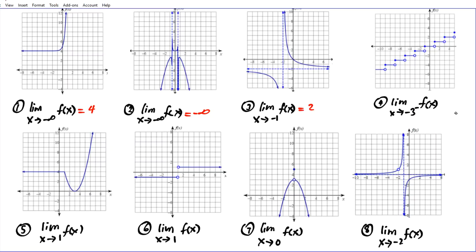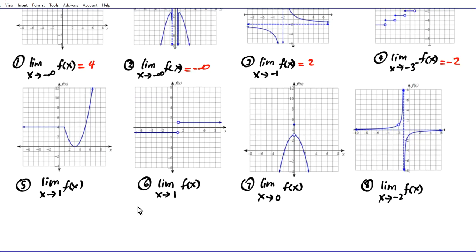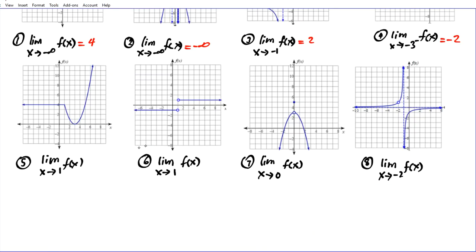And then question 4, negative 3 from the right, it's going to be negative 2. Question 5, you're approaching 1 from both sides, and from both sides you're approaching the same point, which is 1, 4, so it's going to be 4.